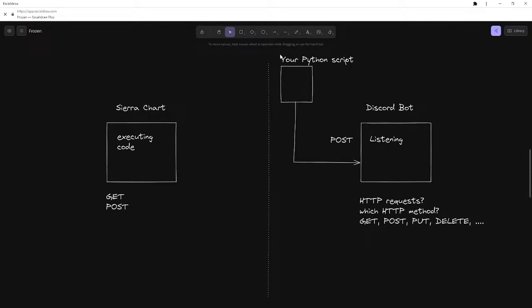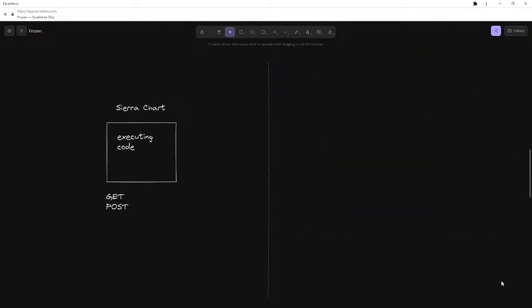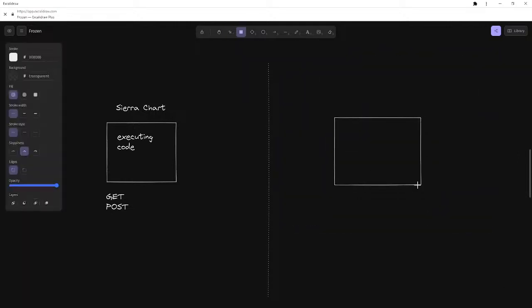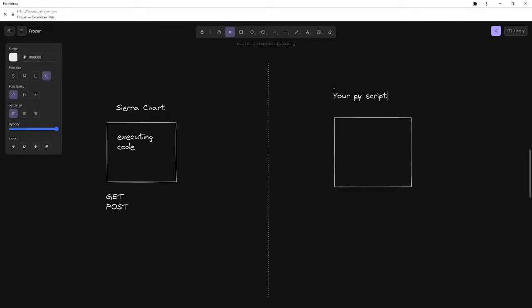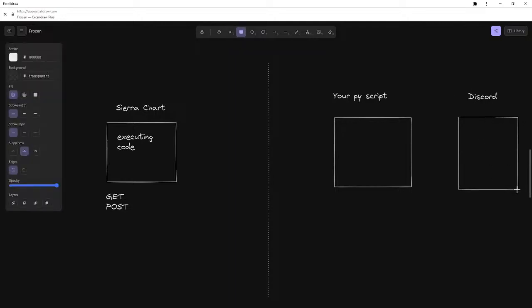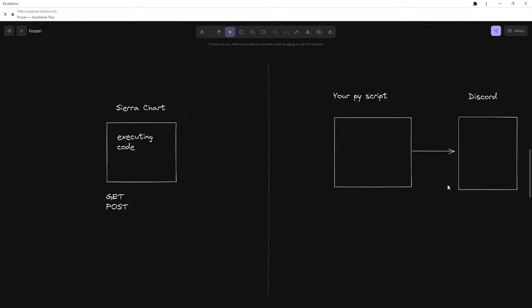Oh, okay. So I have this drawn incorrectly. The Discord bot is not sitting on Discord. This is your Python script, and it is reaching out to Discord whenever you execute it and posting that message. Okay, got it.